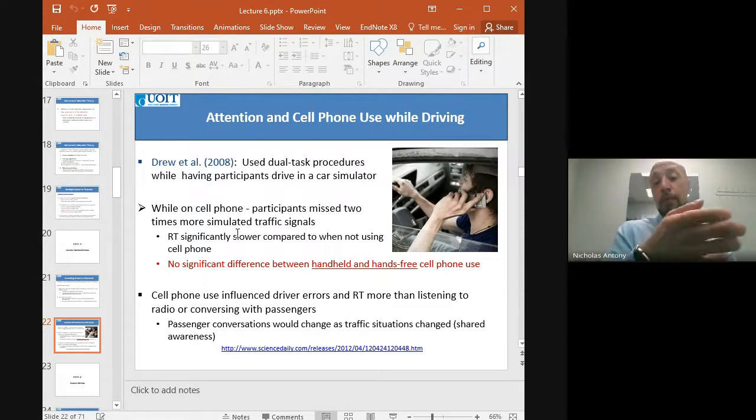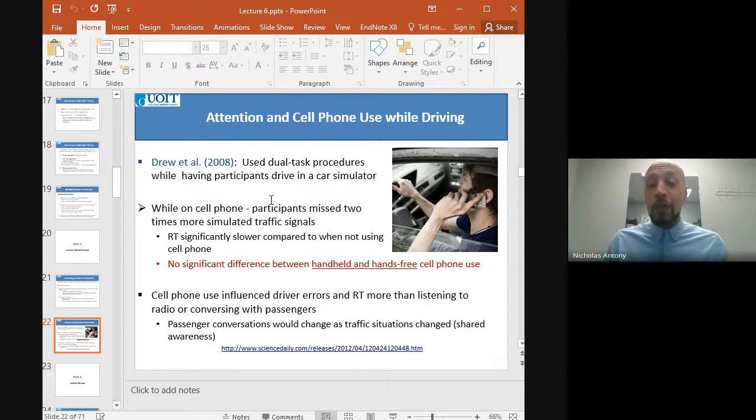Do you all remember when Bluetooth technology just started and it was starting to come into the cars? Yeah, and so there was a study in 2008 that wanted to analyze multitasking of driving and talking in a car.